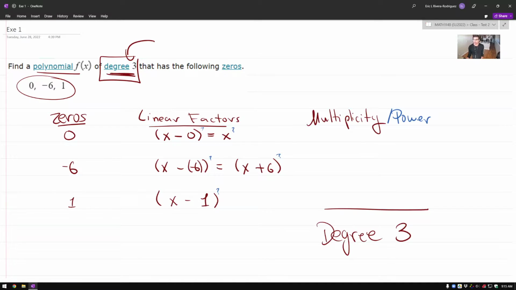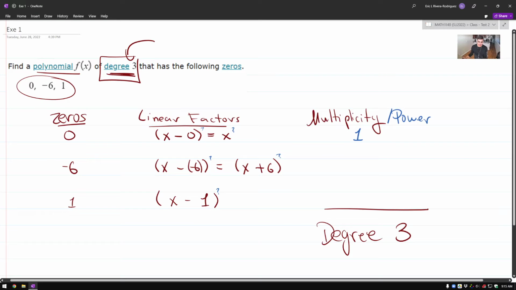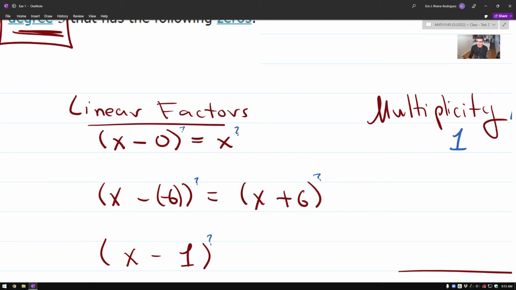For example, if I give the zero with value 0 a multiplicity that is odd, and the value of the power is just 1, that means this linear factor will have a power of 1.